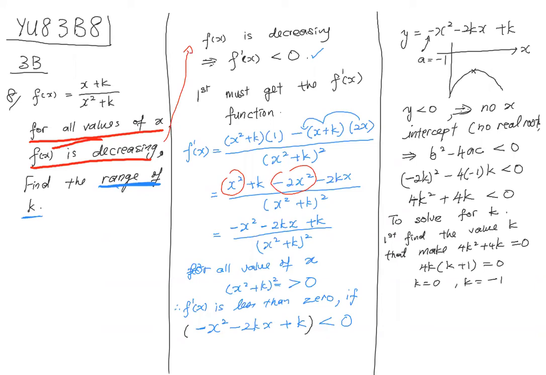Then I draw the sign diagram for this. Negative 1 and 0, correct? So this is k. So here is a minus. Is it a minus? No, it's a plus because it's 4k. Hello? And here is a minus. This one you can use your graphic calculator already.